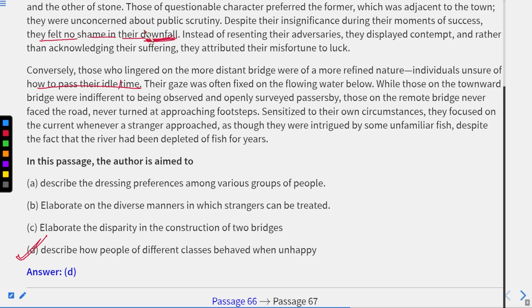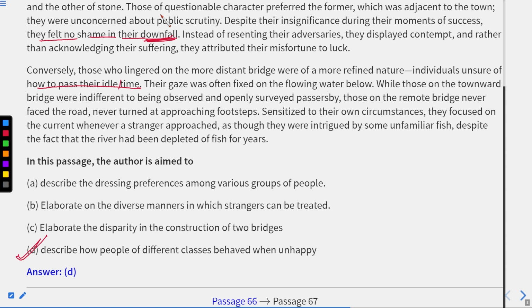So there are two kinds of people, and whenever they are unhappy, what do they do at that time? So here the author is aiming to describe the conditions of these kinds of people. According to this, D will be the correct answer.